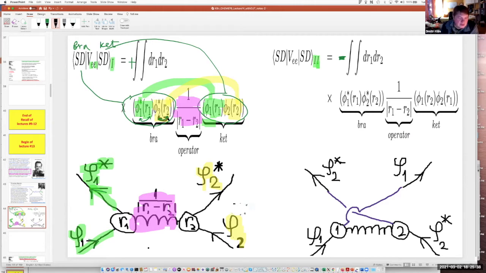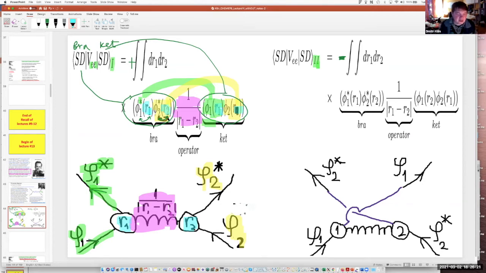Okay. So we have wave functions phi1 and phi2 before interaction, and the interaction happens in the points of space r1 and r2. These are the arguments of these wave functions.